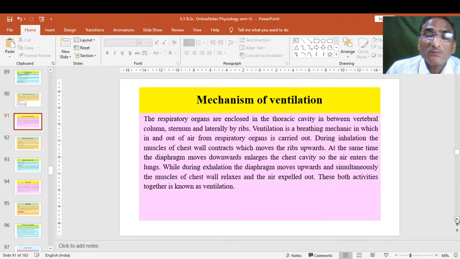Now, how is the ventilation activity carried out? We have seen that in our body the nasal passage ends into the bronchioles, which are surrounded by the sac-like lungs, and on the lower side there is a diaphragm membrane in the abdominal cavity just below the chest.